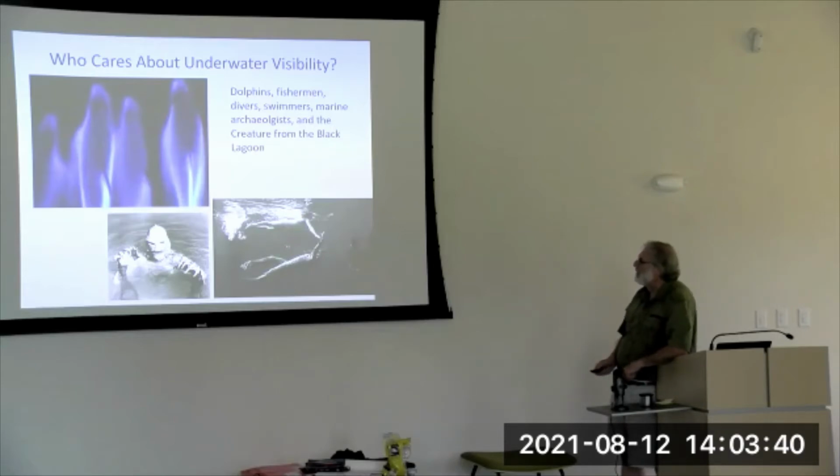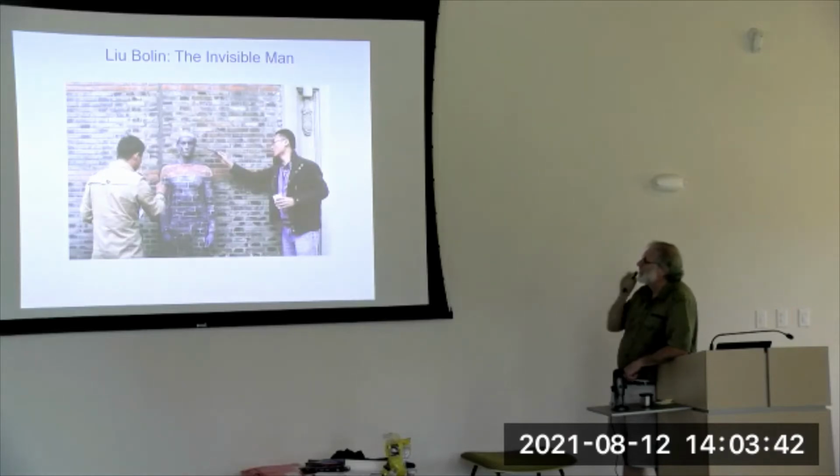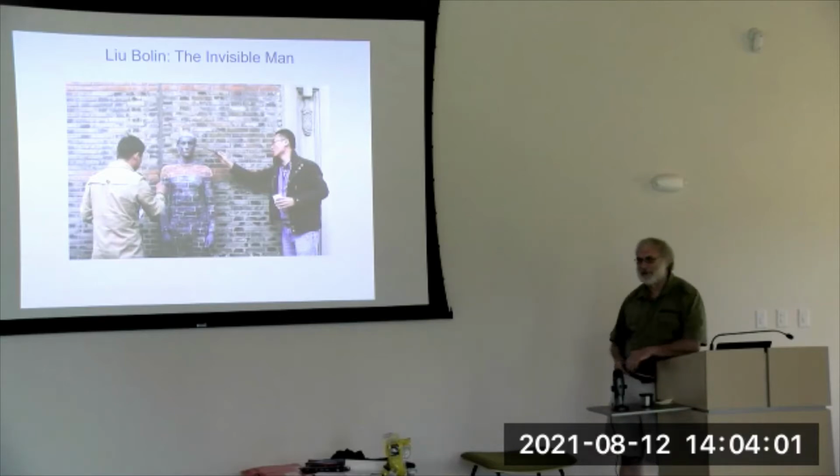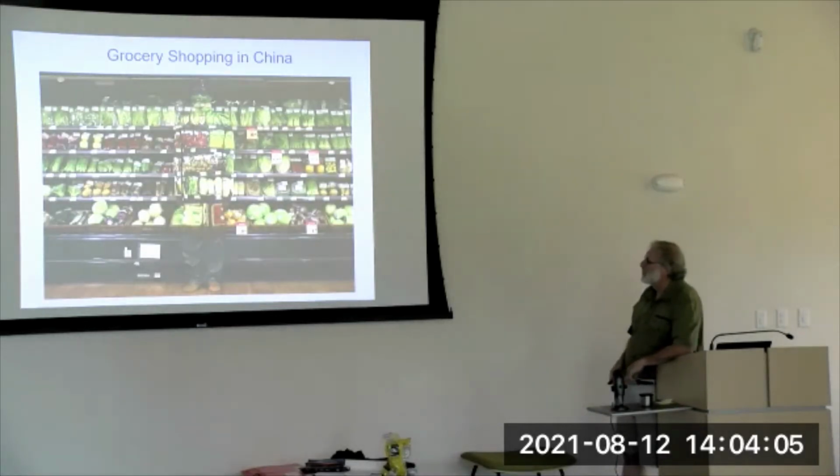Okay, here's a guy, Liu Bolin, the Invisible Man. So he's in China, and his thing is to have his friends paint him to look like the background. And then he just stands there, and people go by and they don't even see him. And then he says, boo, and scares them half to death. Well, here's what grocery shopping is like in China.